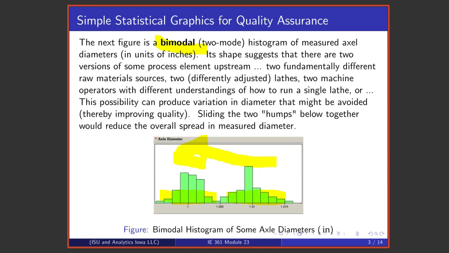One would decrease overall variation, and the interpretation of that would be getting rid of those two fundamentally different versions of a process element, and having only one version makes outcomes more consistent. More consistency in outcomes is essentially the guarantee of improved quality.